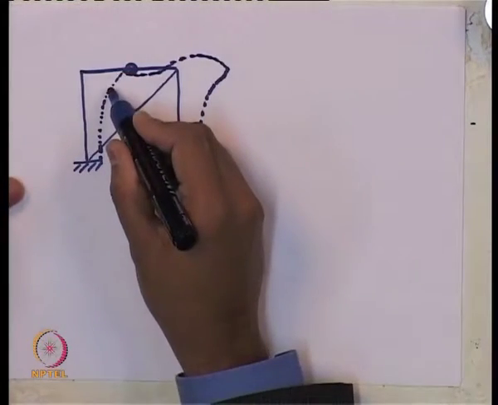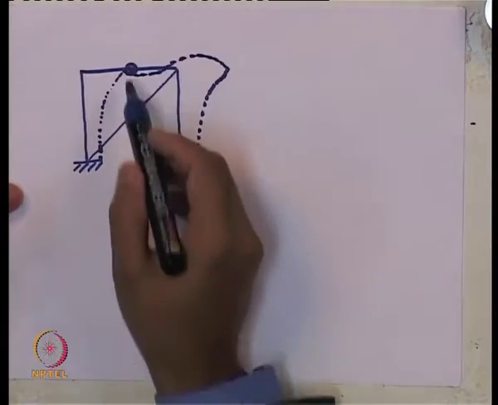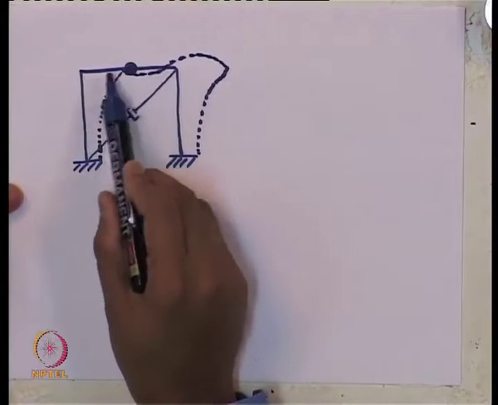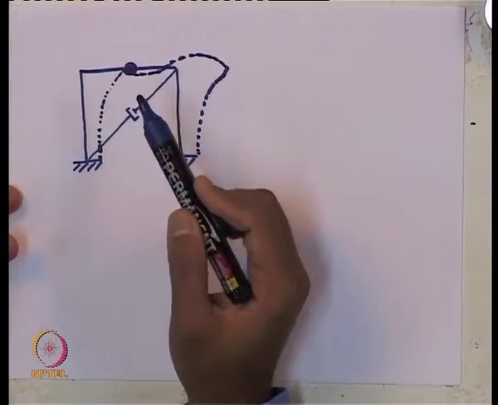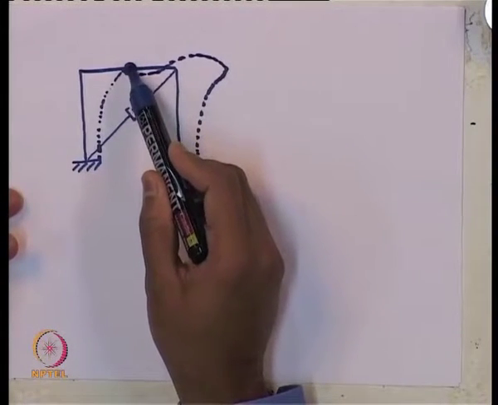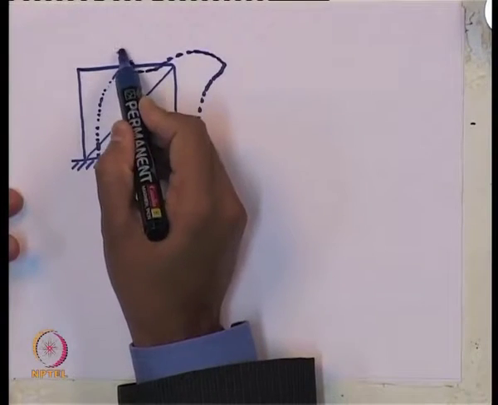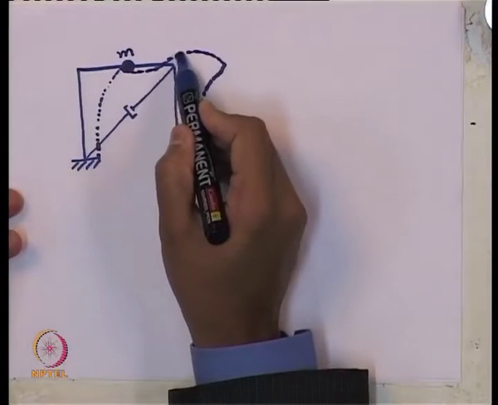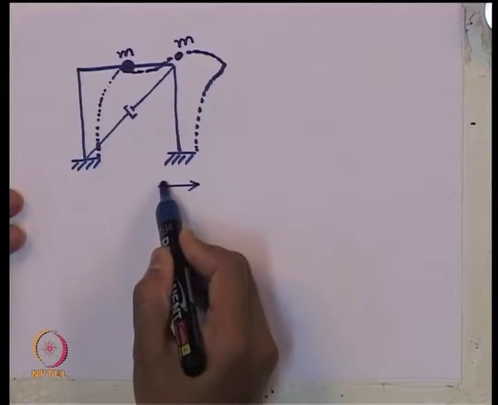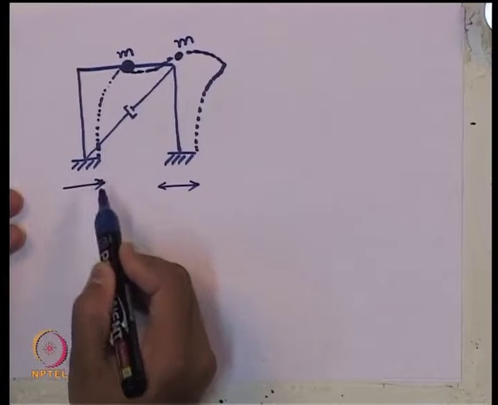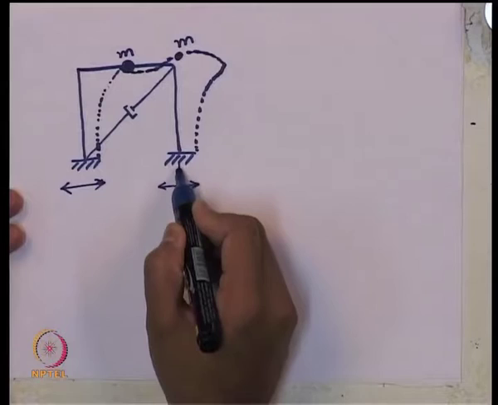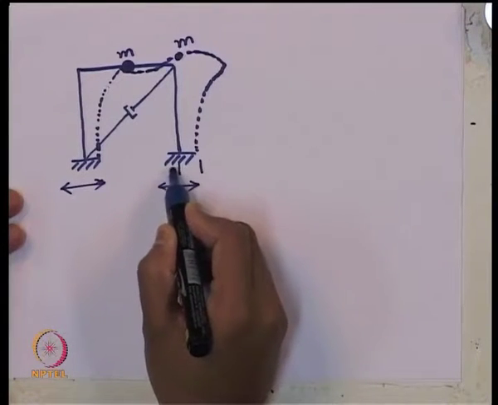So, this single storied frame, again we are assuming that the mass of the slab and beam is much more than the mass of the column, and the mass has been assumed to be concentrated at this level. Now, when there is some earthquake, we have some ground movement or ground displacement.